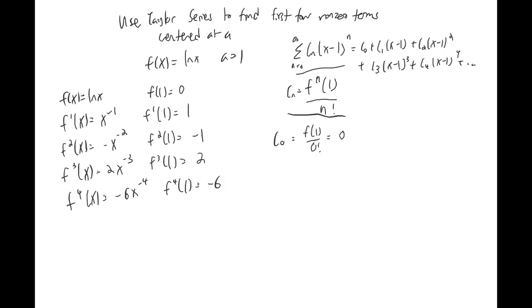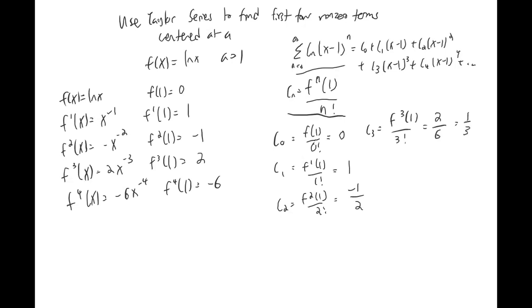C1 is f1 at 1 over 1 factorial, that's 1. C2 is f2 at 1 over 2 factorial. F2 at 1 is -1 and 2 factorial is 2, so it's -1/2. C3 is f3 at 1 over 3 factorial. That's 2, and 3 factorial is 3 times 2 times 1, so that's 6. So that's 1/3.